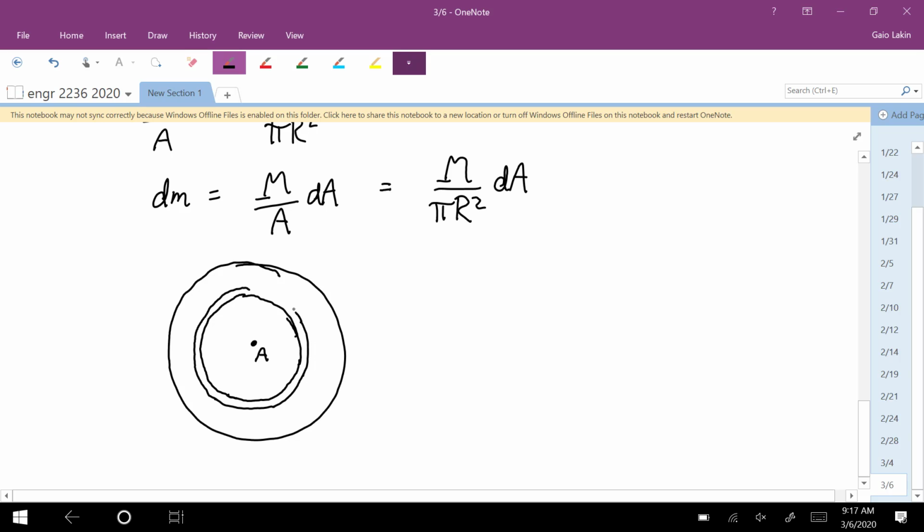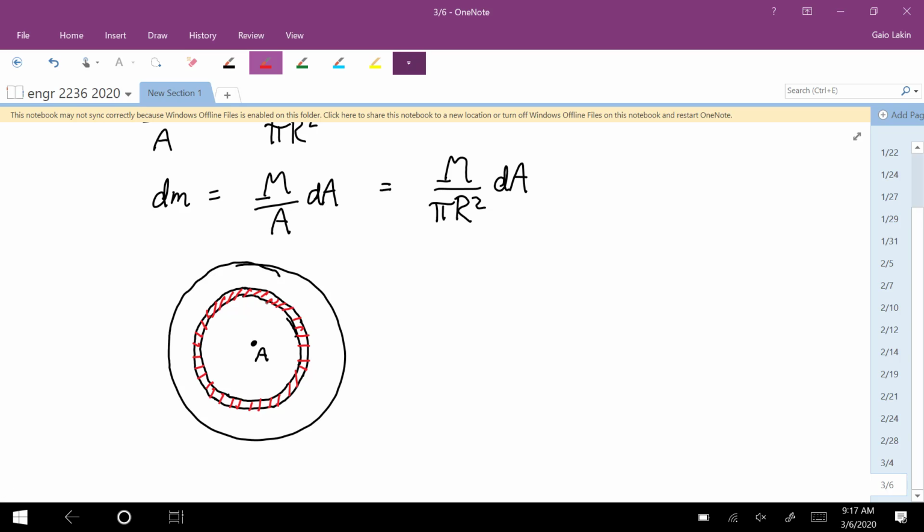That's a ring or a washer. Yes, it's all the way through. When we calculated dm in terms of area, we turned it from a 3D problem into a 2D problem. So we don't even have to think about the thickness anymore. We can just think about it as 2D.